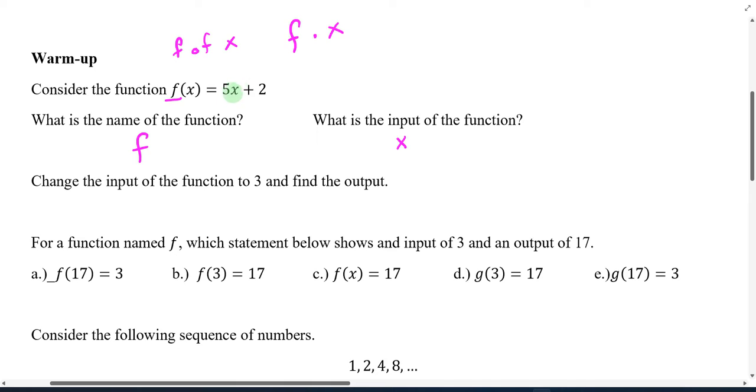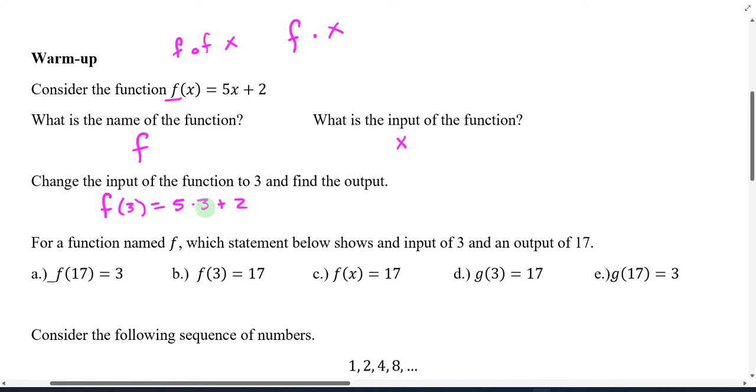And we can see x right here, and this is what we do to x, right? So we're going to put x in, and then we do stuff to it. So now let's change the input of the function to 3. So now instead of saying f of x, we're going to say f of 3 equals, and then wherever I see an x, I also need to replace it with a 3. So I'm going to say 5 times 3 plus 2.